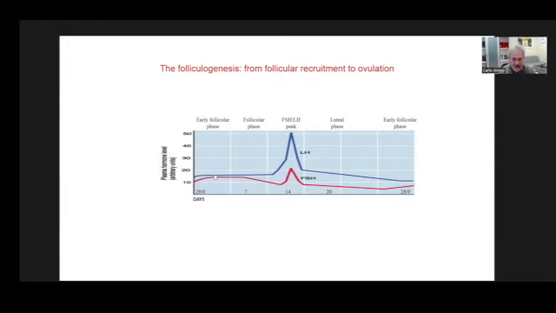Then when this selection is more advanced, we have a progressive decrease in the circulating FSH levels. And then we have a spike, a peak at the moment of ovulation together with the LH peak. And again, FSH will go down.